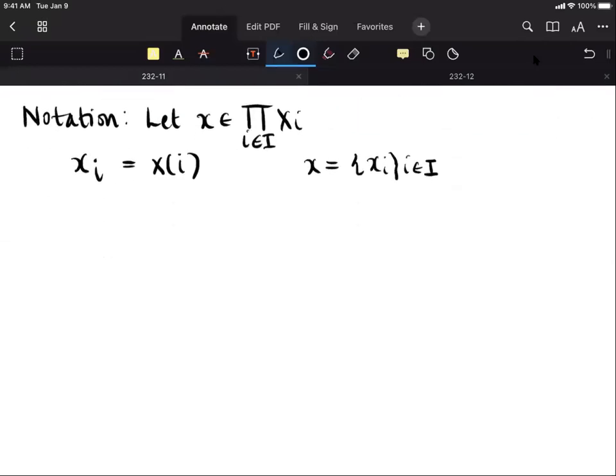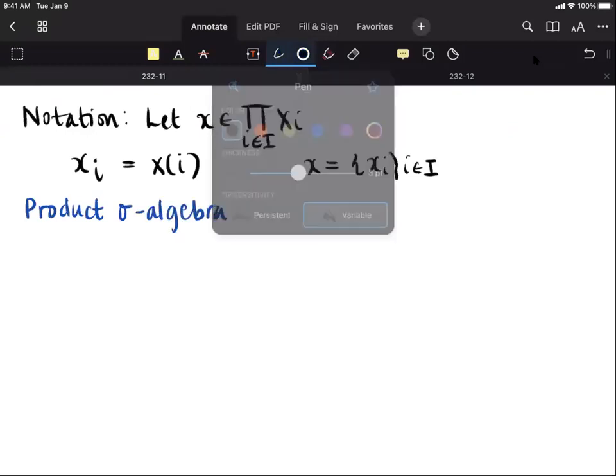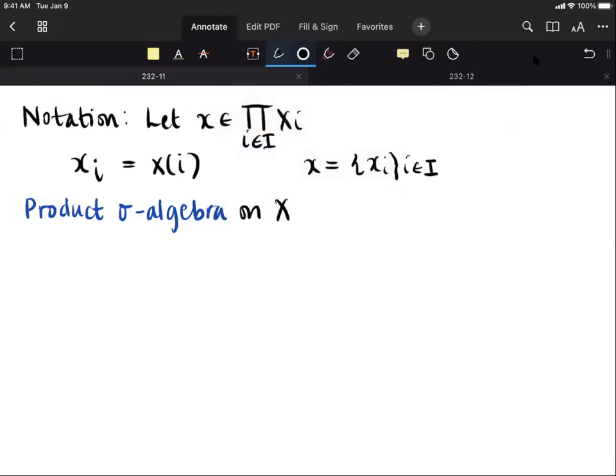Now, with this, we can define the product sigma algebra on the Cartesian product.